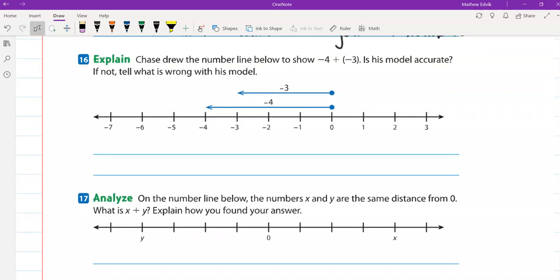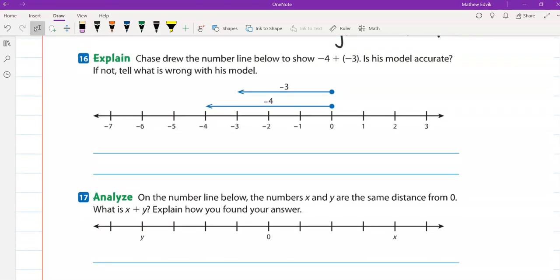Okay. So then if we look at number 16, we want to explain that Chase drew the number line below to show -4 plus -3. Is his model correct? And if not, then we need to be able to say what's wrong with this model. So let's talk about that a little bit as a class.